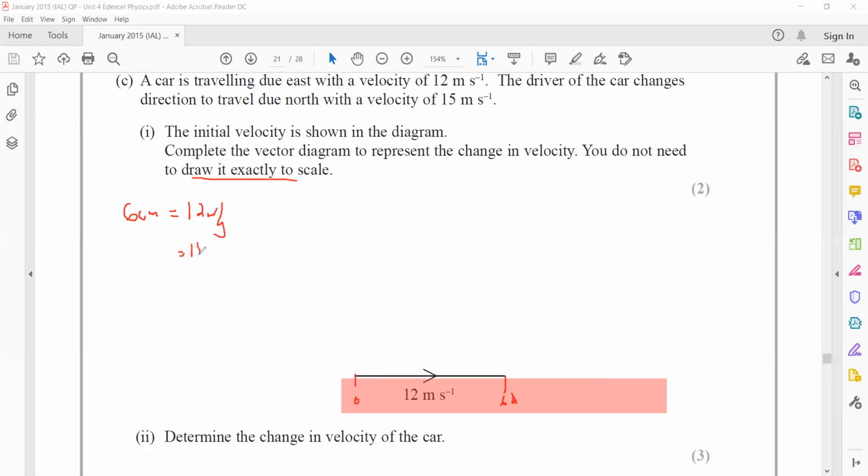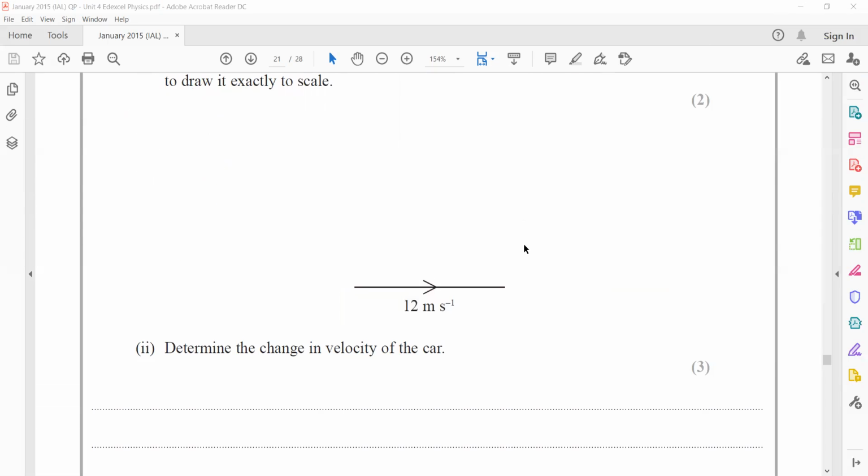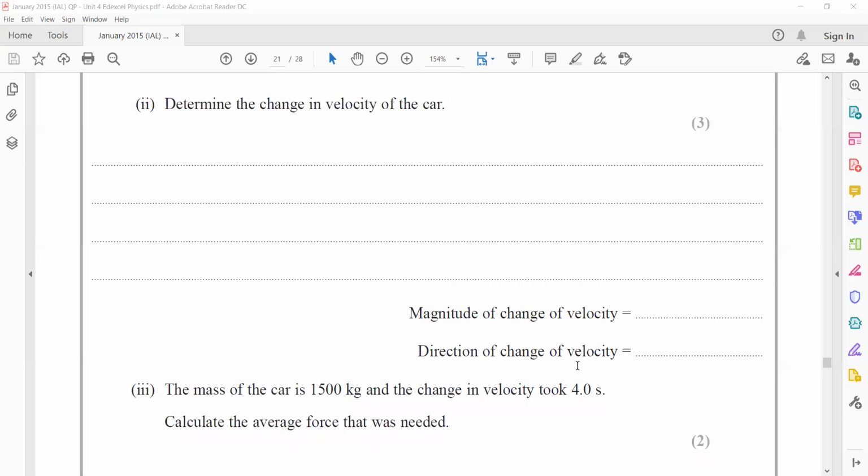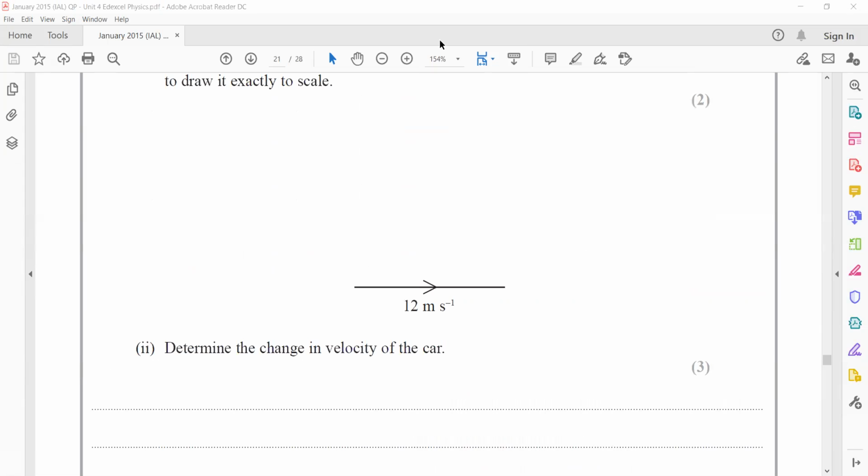Then 15 meters per second will be x centimeters, so you can identify what length should be there. And the angle is the direction of the change in velocity. So when you draw this vector, you get the resultant.